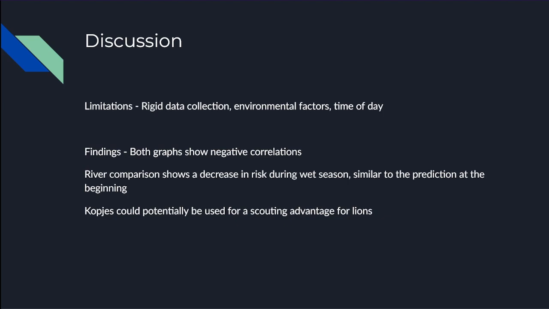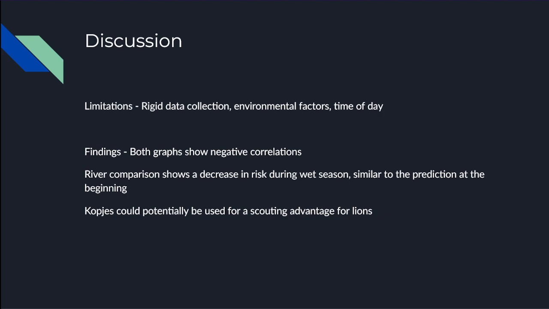Not all the pictures gained from the trail cams showed much. They didn't show anything if it was nighttime or if it was covered by brush. That is one of the major limitations of this. We're going purely off of data points and not actually going out and finding anything.